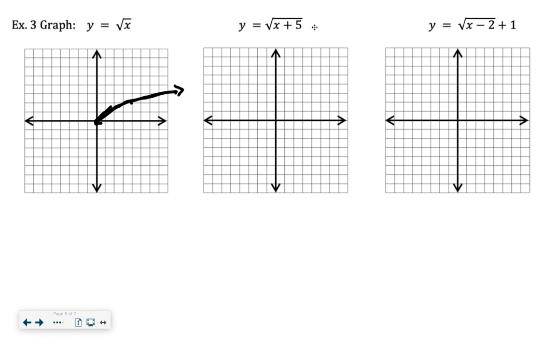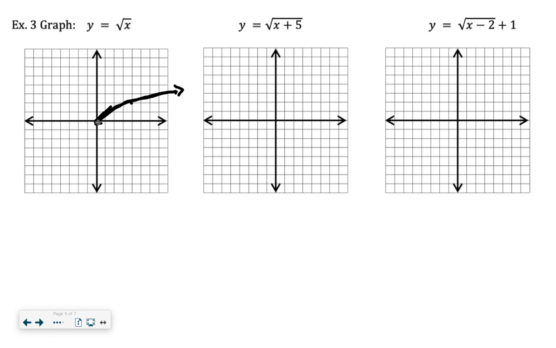So let's take a look at shifting that graph. So here we've got the graph of y equals the square root of x plus 5. I've got a plus 5 inside of the function. This is what it means to be inside of the function as opposed to adding or subtracting something outside of the function. So plus 5 means I'm going left 5.